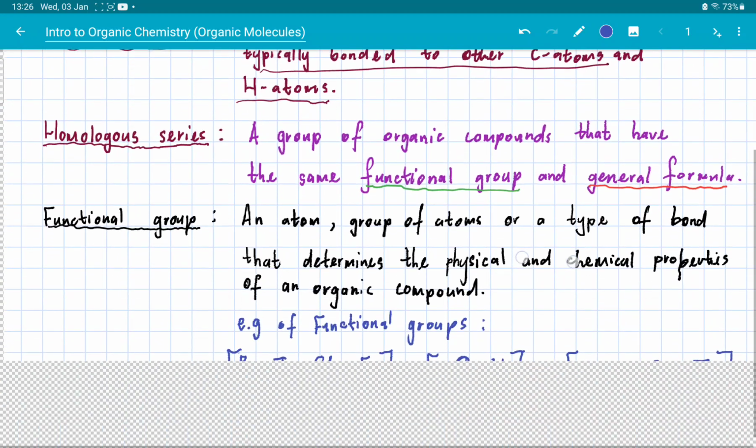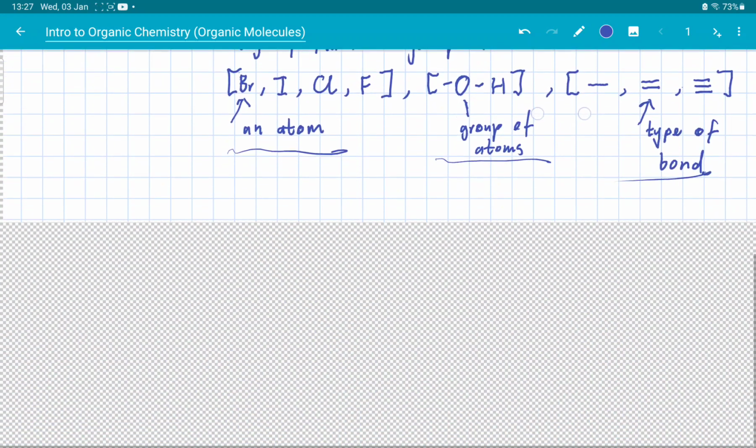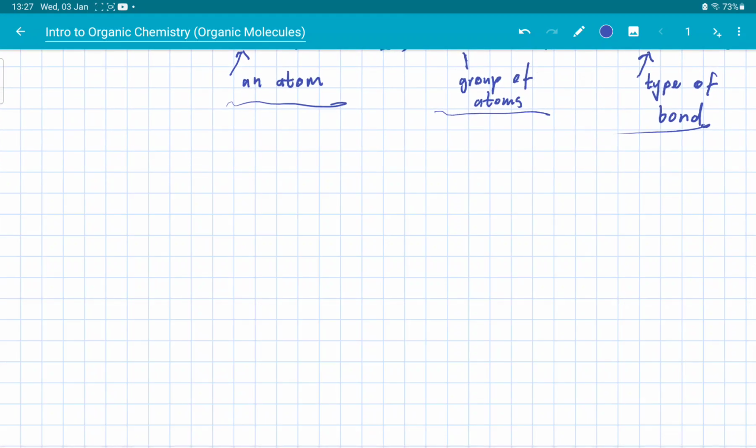A functional group is an atom, a group of atoms or a type of bond that will determine the physical and chemical properties. In other words, if organic molecules belong in the same group, they will have similar, not the same, but similar physical and chemical properties. So let's place the organic molecules that we are going to focus on, and I will re-explain what I just said.